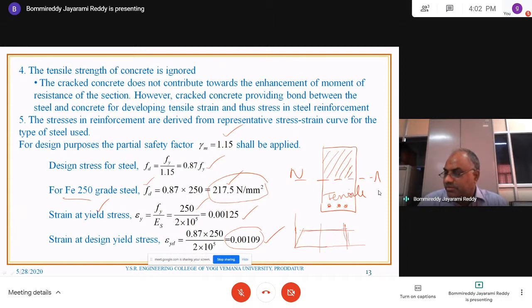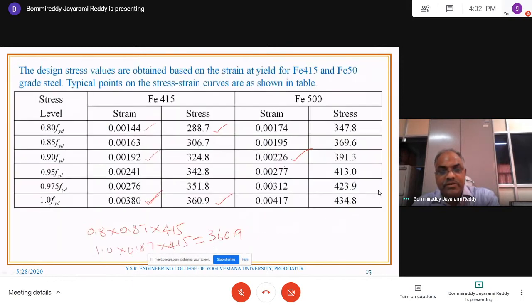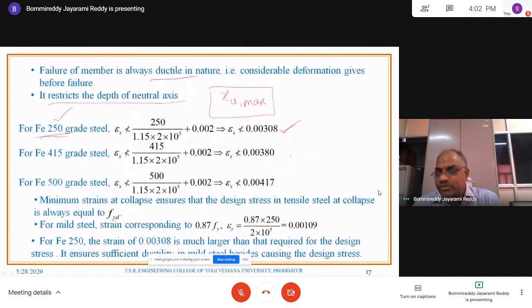There is no increase of the stress, but this value is 0.00109, whereas the strain in actual steel of Fe 250 should not be less than 0.0038. That means here the fyd value of 0.87 times 250 is already available.